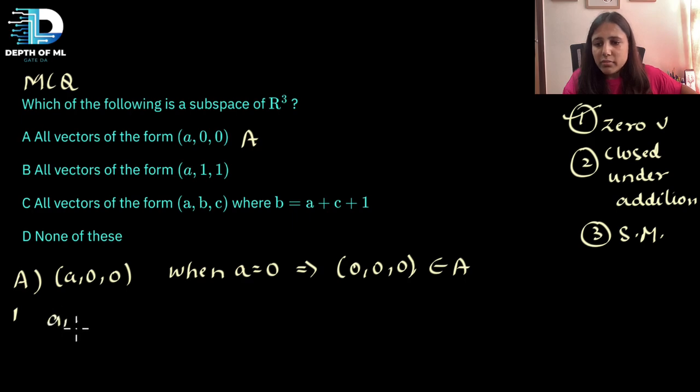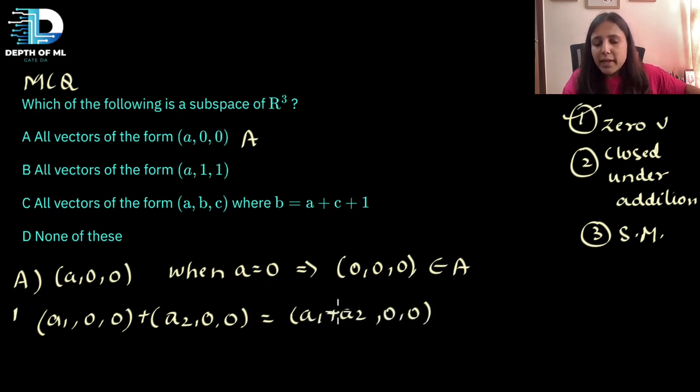If I take (a1, 0, 0) as one vector and add (a2, 0, 0) to it, I get (a1 plus a2, 0, 0). If I assume a1 plus a2 is some other value, let me call it b, the vector form becomes (b, 0, 0), right? So this form belongs to A, so this is also verified. Now what about the third part, which is scalar multiplication? So here we have c times (a, 0, 0).